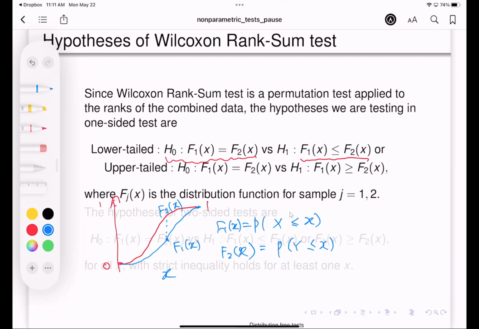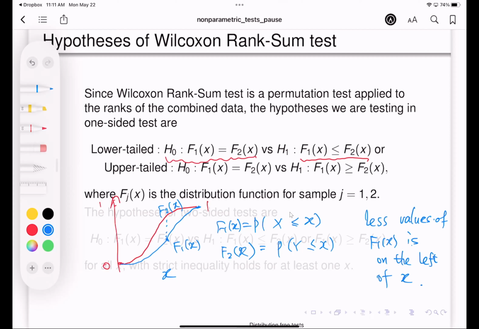If F1 is lower, that means there are less values of F1 that are smaller, on the left of X, right?